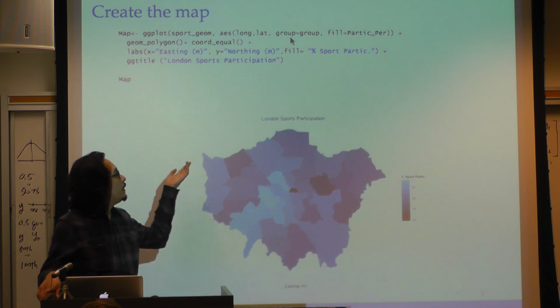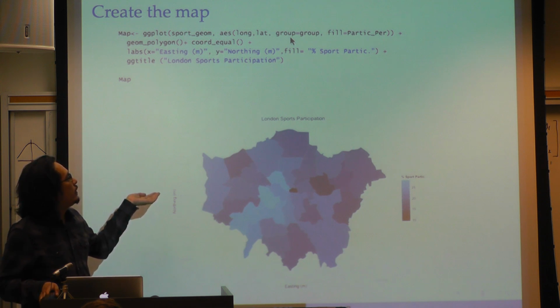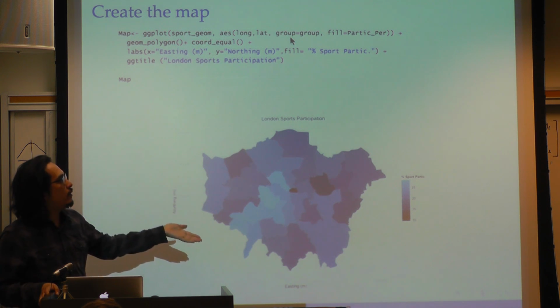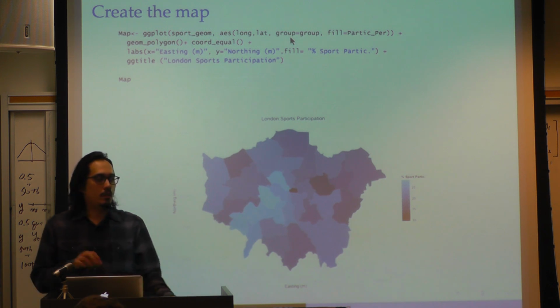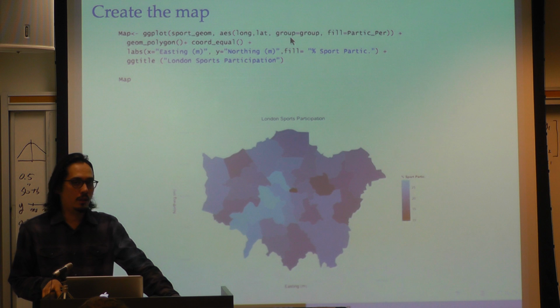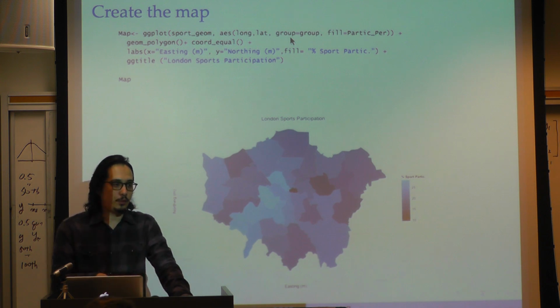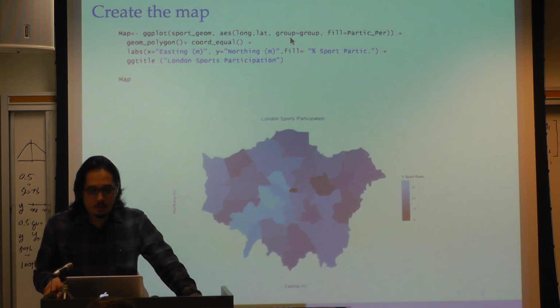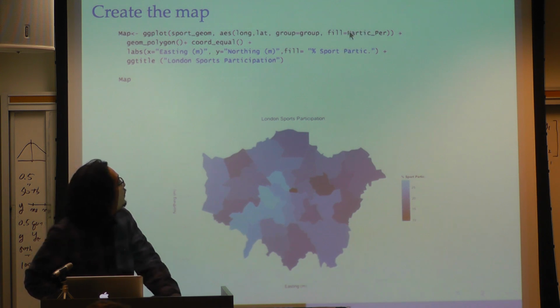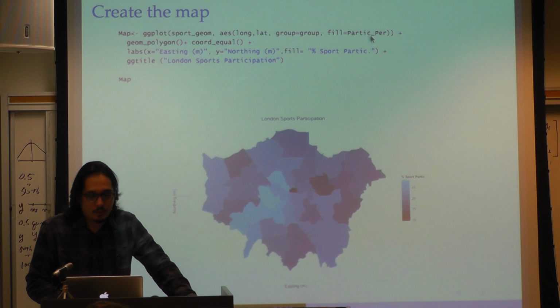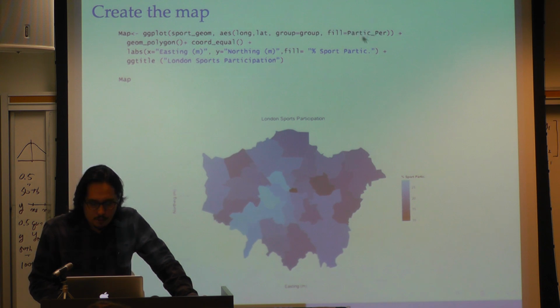This is a variable that was created when you executed the fortify function, and it is used to associate the new shapefile to the data frame. You will fill the data with the participation in sports activities.